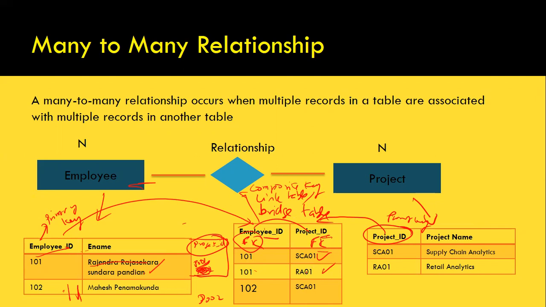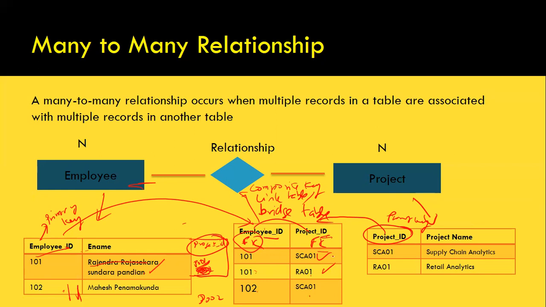If you look at each column individually, you can have duplicate values, but since you are joining these two key columns, it's a composite key. So 101 SCA01, again you cannot put 101 SCA01. This employee ID is already working on SCA01, so why put the same thing again? So 101 RE01 and 102 SCA01.